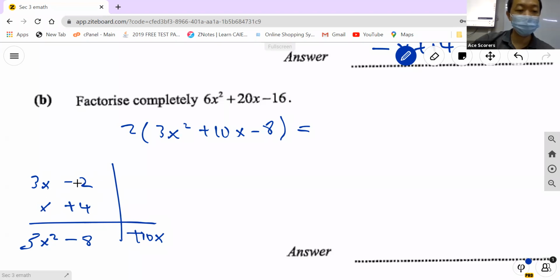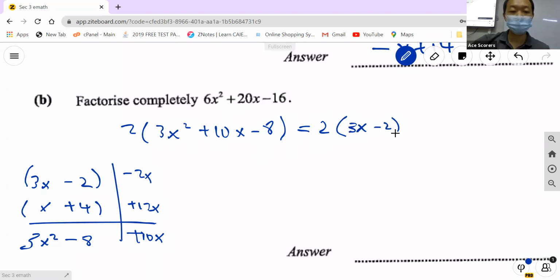Then we do cross multiply. -2x, positive 12x. So here we add -2x plus 12x becomes positive 10x. And hence, the inside, we take this and this: 3x minus 2, x plus 4.